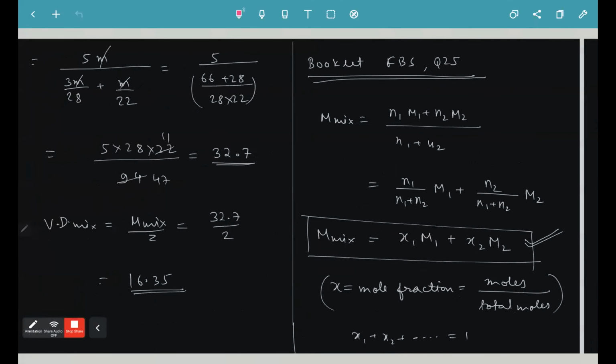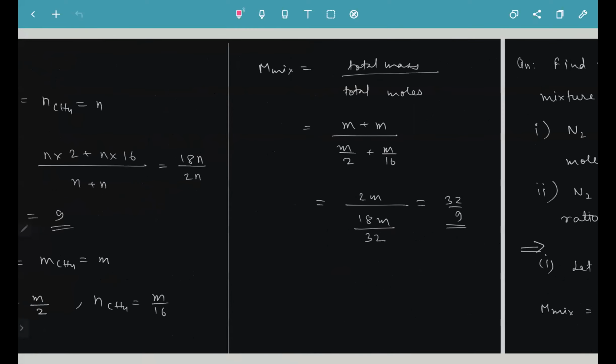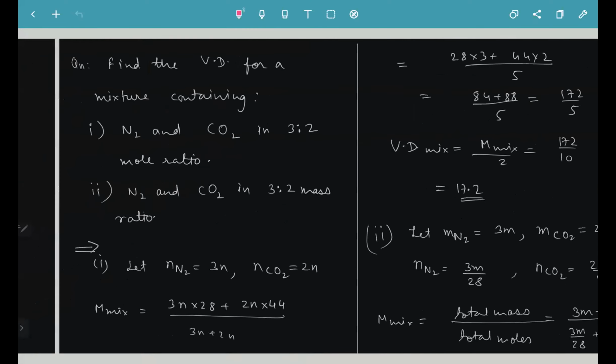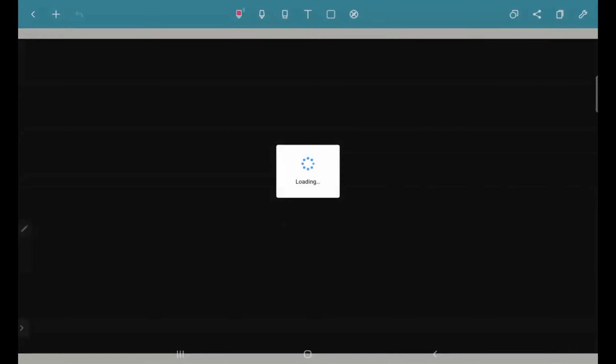In the last lecture we talked about molar mass of mixture of gases and vapor density of mixture.